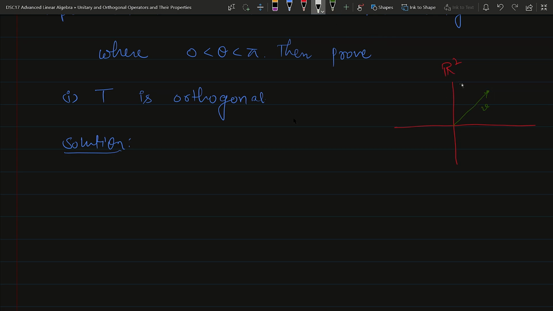Suppose now this vector v is at this place, okay, so this angle is theta, and now we have this vector and that vector is T of v. So we have rotated this v by an angle, and then we are having the T image of this vector v.